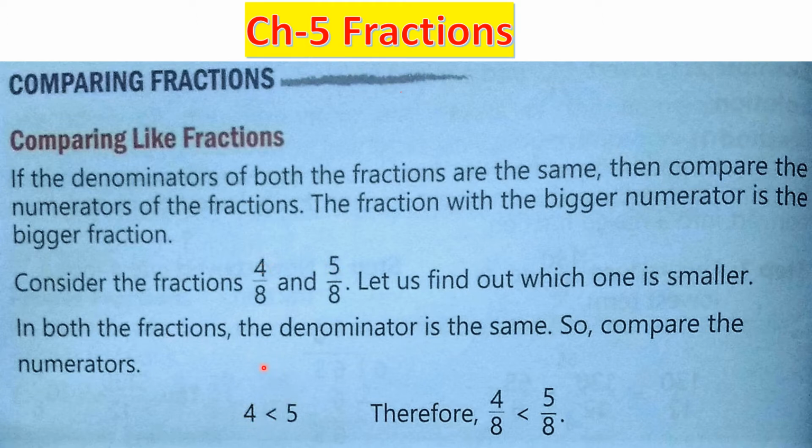Yes, 5 is bigger. That means 5 by 8 is bigger. So if the denominators are the same, we will compare the numerators, only in like fractions. Why like fractions? Because denominators are the same. Got it?